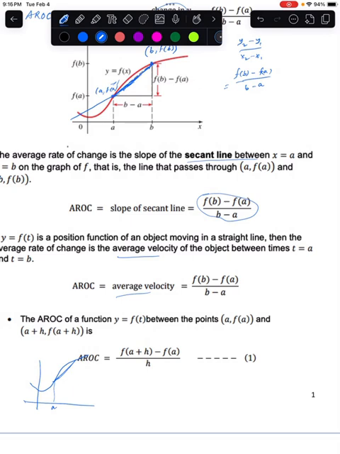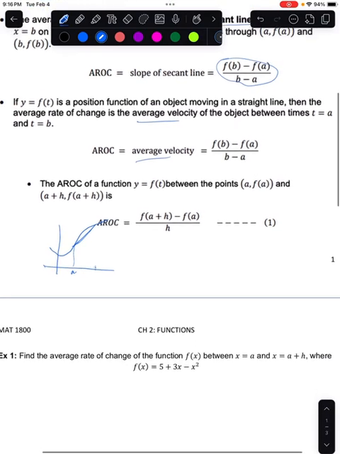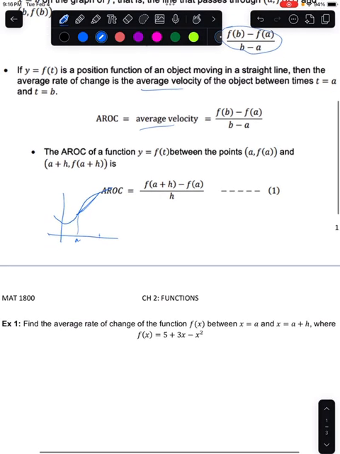But the second coordinate, instead of calling it b, we can call it a plus h. What do we mean by a plus h? It's a plus a very small number. For example, if we are talking about 2 and 2 plus h, it means like 2.2 or 2.1 or 2.01 or 2.001 or 2.3 or something like that.